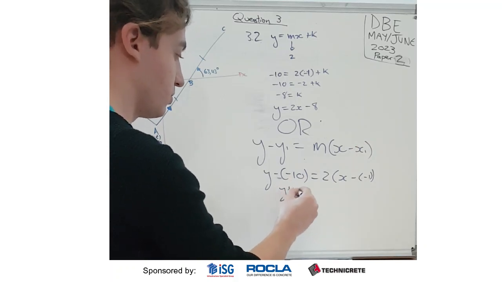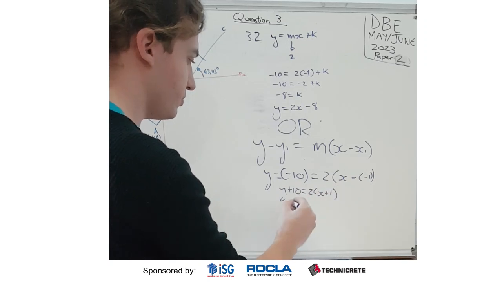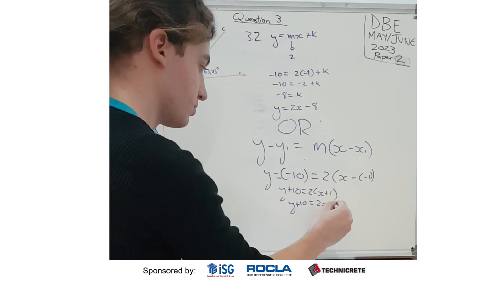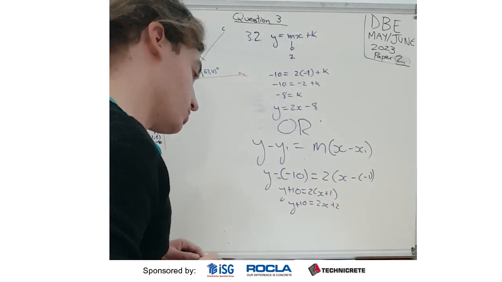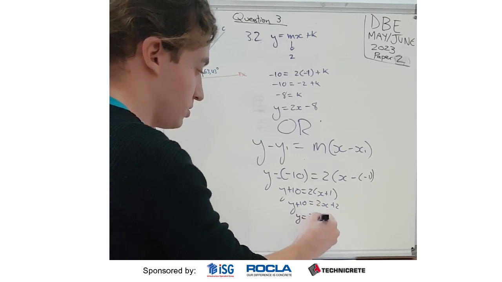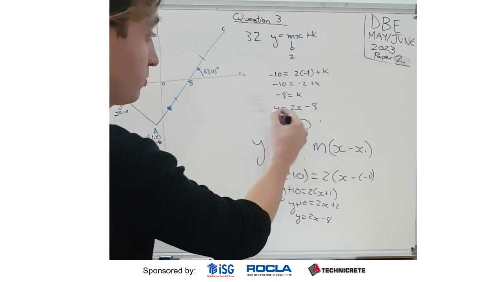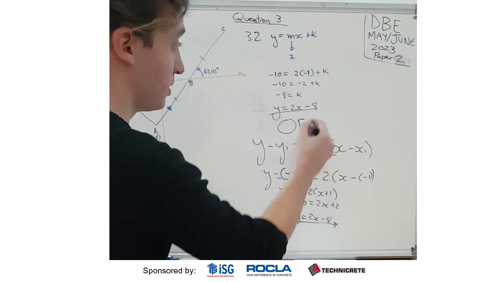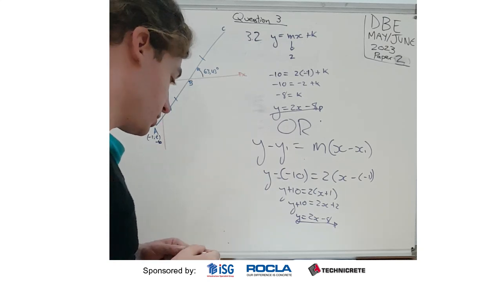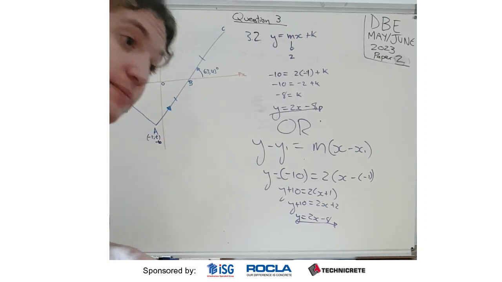So y plus 10 is equal to 2 times x plus 1. So y plus 10 is 2x plus 2, so y is equal to 2x minus 8. And there we go, got our same answer right here. So either way you do it, doesn't really matter, come up to the same result. Okay, I'm going to pause quickly, erase this, and we'll tackle question 3.3.